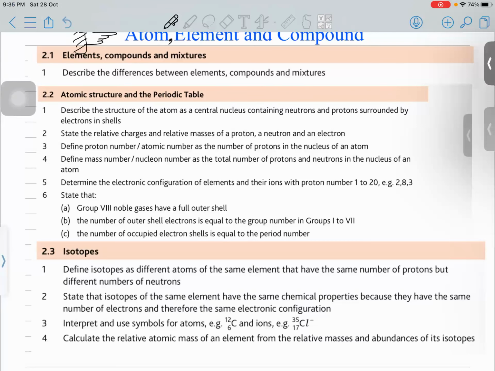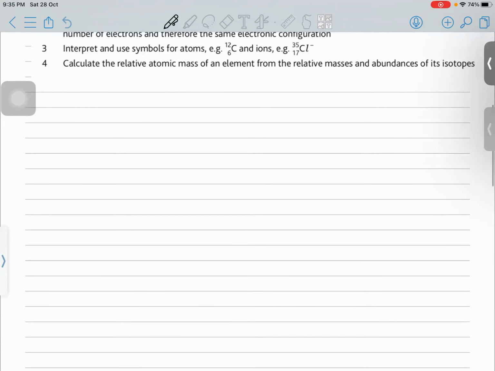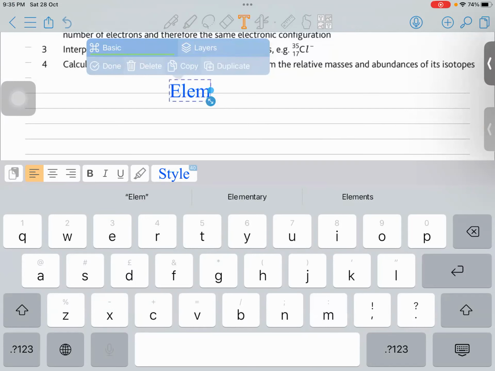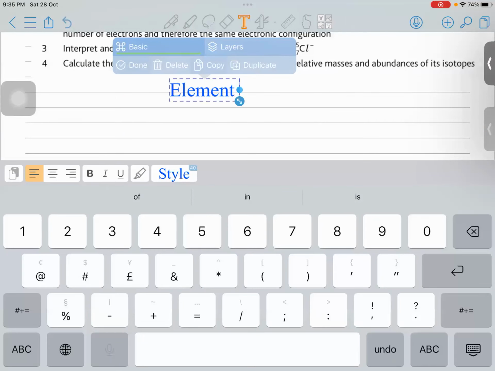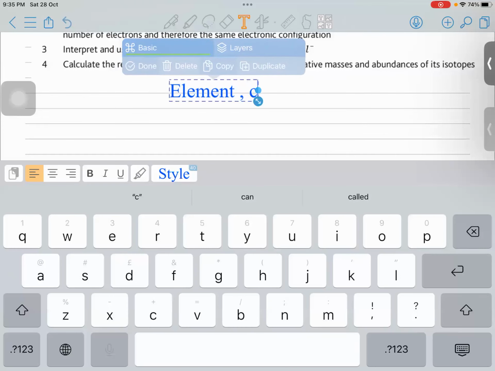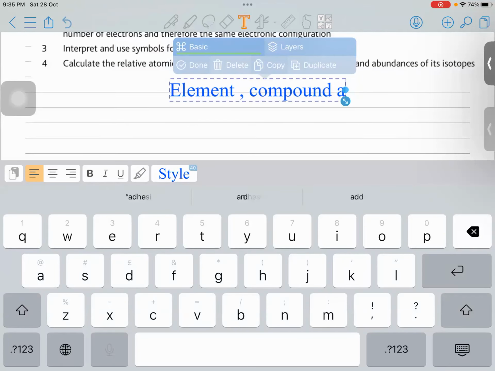First is the difference between element, compound, and mixture. Now, element, compound, and mixture.